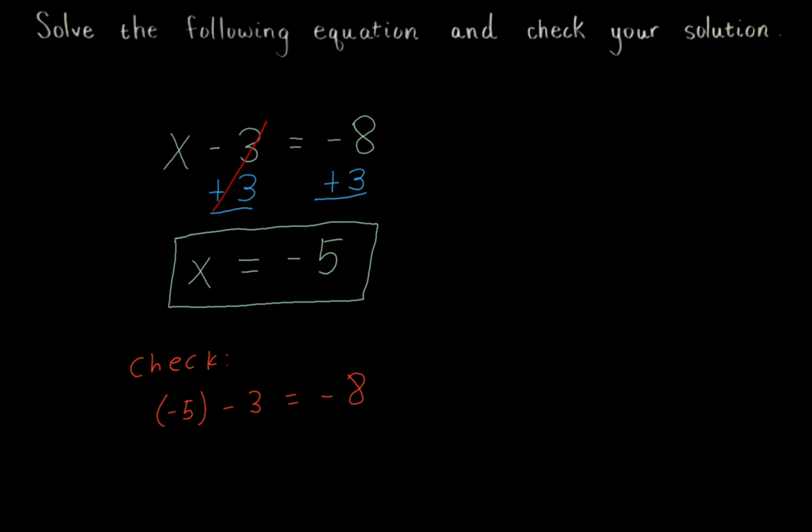Negative 5 minus 3 can be thought of as negative 5 plus a negative 3, and negative 5 plus negative 3 is going to be negative 8. So we have negative 8 equals negative 8, and since negative 8 equals negative 8 is a true statement, our answer checks, and we know that it's correct. So in order to be able to solve equations effectively in this lesson, you're going to have to be able to deal with positives and negatives.